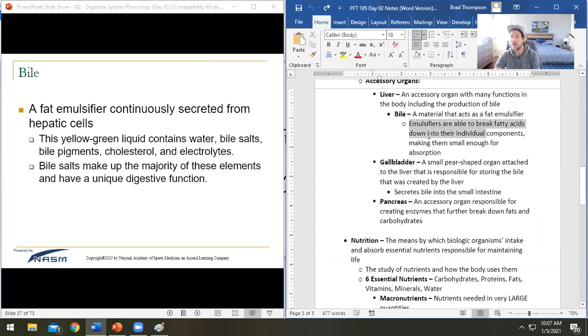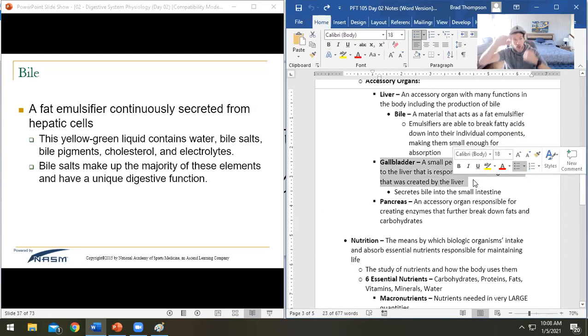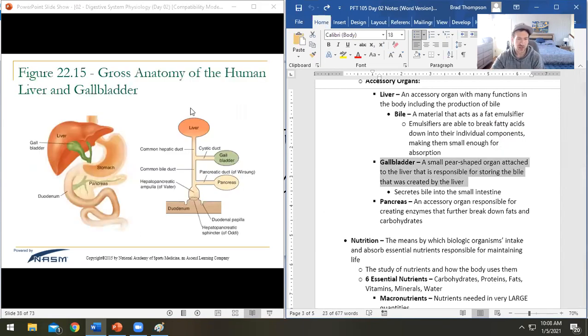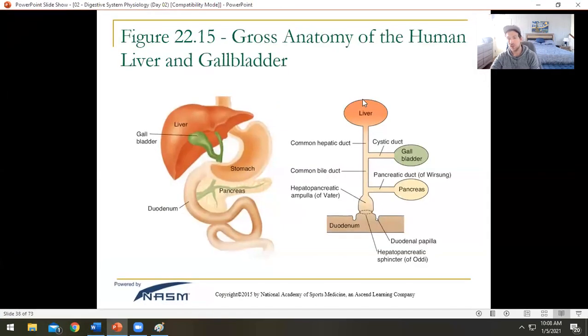Emulsifiers are able to break fatty acids down into their individual components, making them small enough for absorption. And bile, by the way, is this kind of weird yellowish, greenish material that's in your gallbladder, right? So there's your liver.